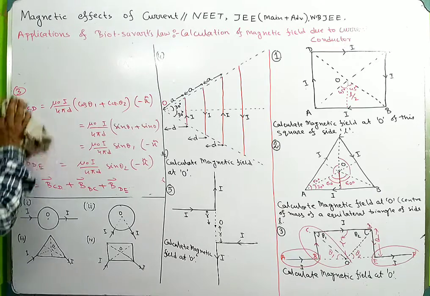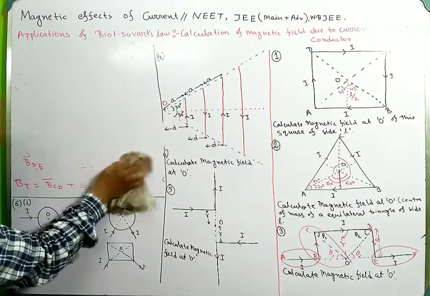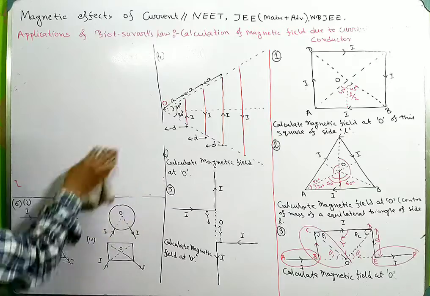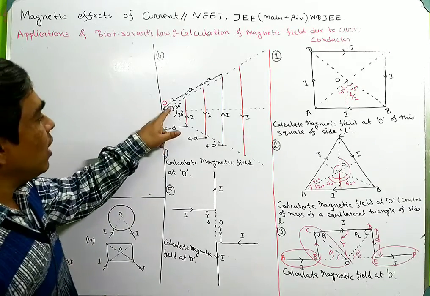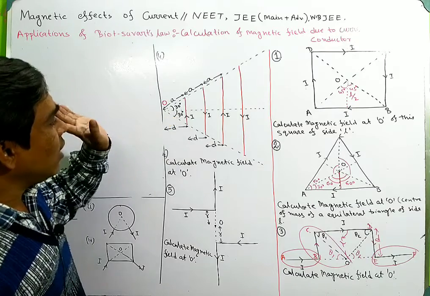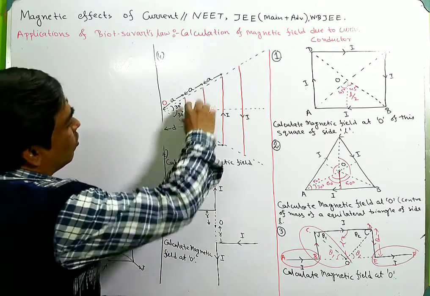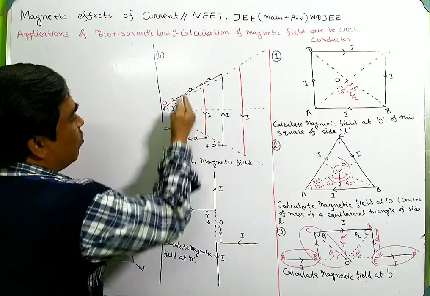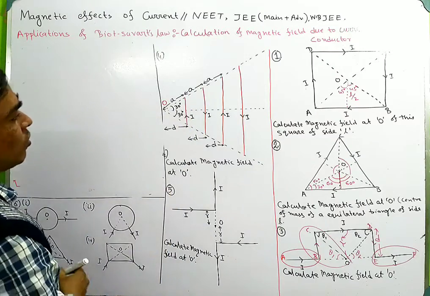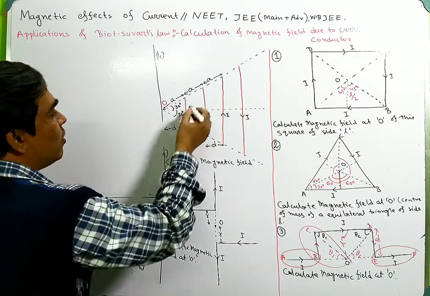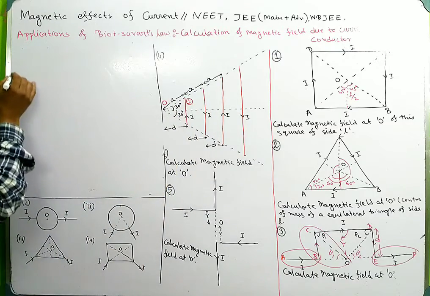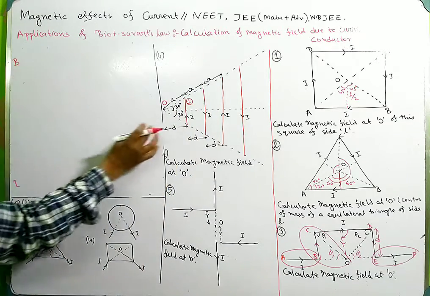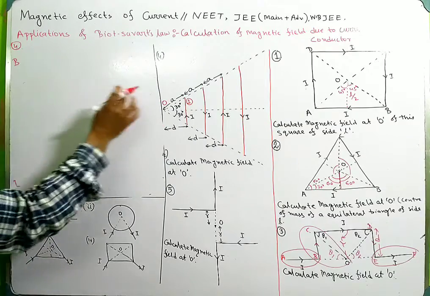Now what will be the solution of this problem? Here this angle is 30, and this is also angle 30. Suppose this is wire number 1. This is problem number 4.